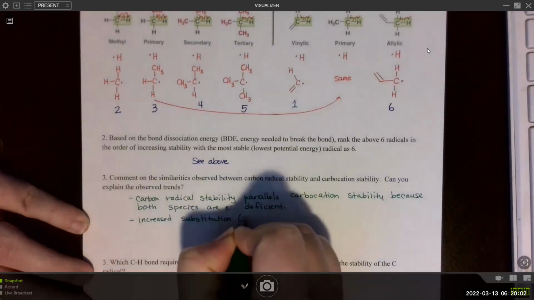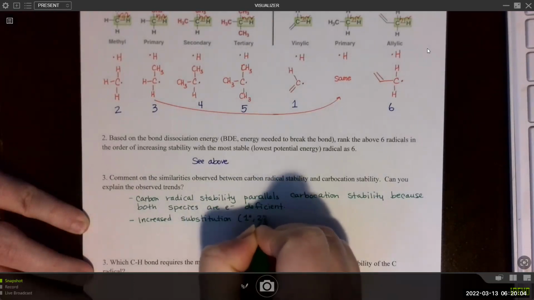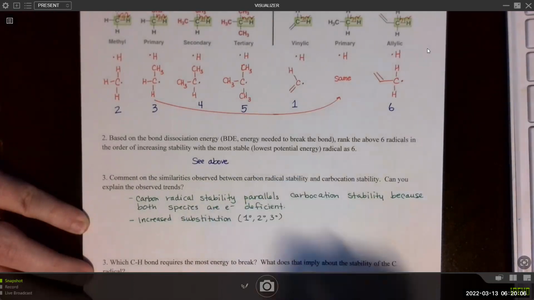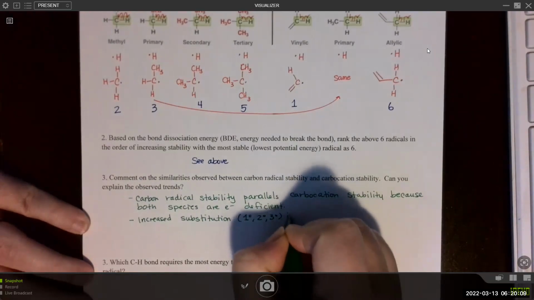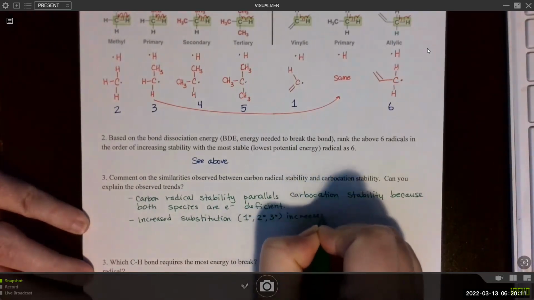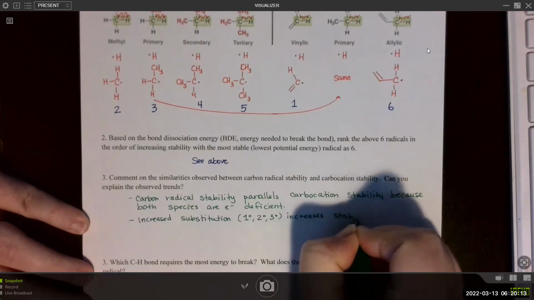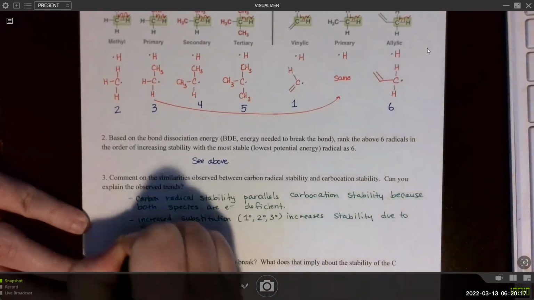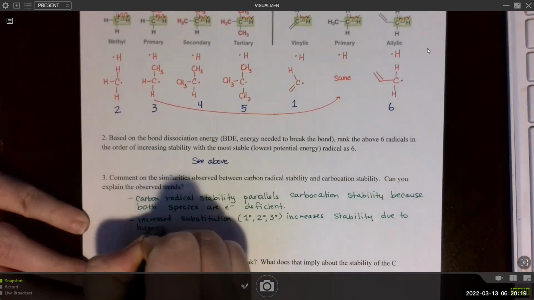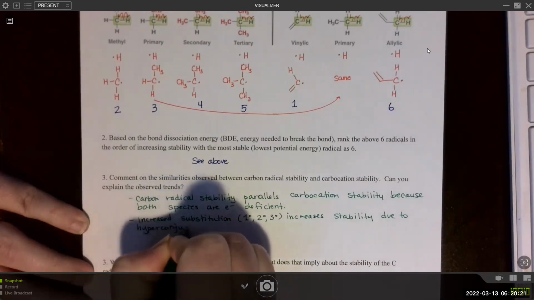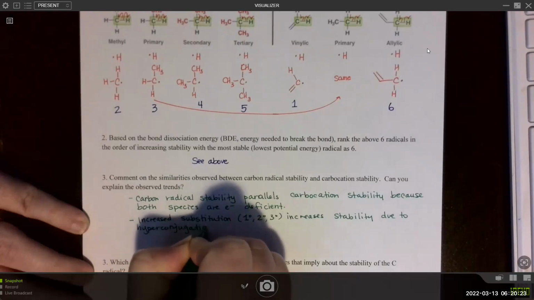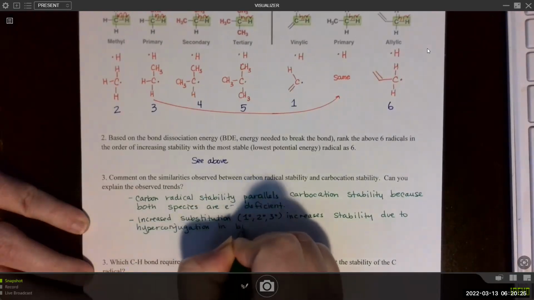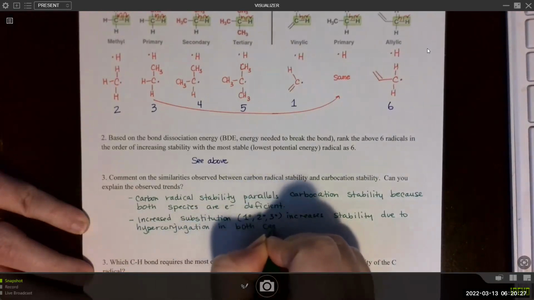So for example, primary, secondary, and tertiary, increases stability due to hyperconjugation in both cases.